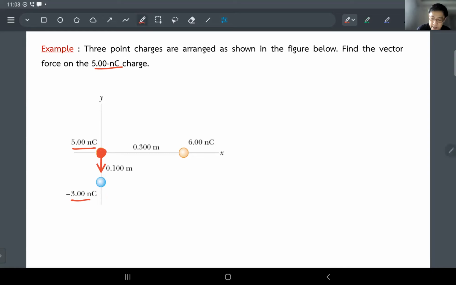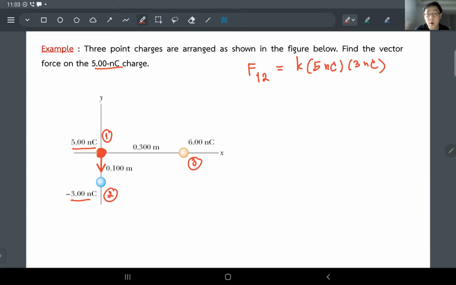Cool. All right, how much? What you can calculate is the force on, let me call this charge number 1, and let me name the blue number 2 and the orange number 3. So the force on 1 due to 2, let me put it as F12. Magnitude is going to be K times Q1 and Q2, the pair of charges. So it's going to be the 5 nanocoulomb and the 3 nanocoulomb. Does that make sense?